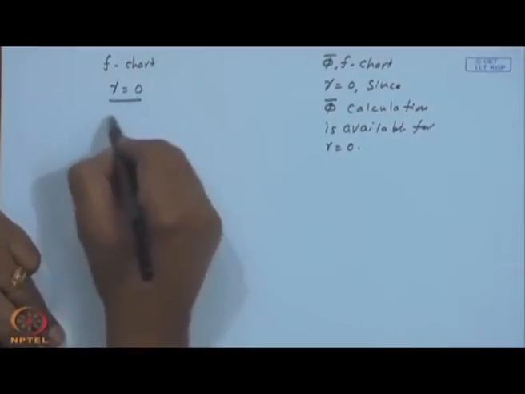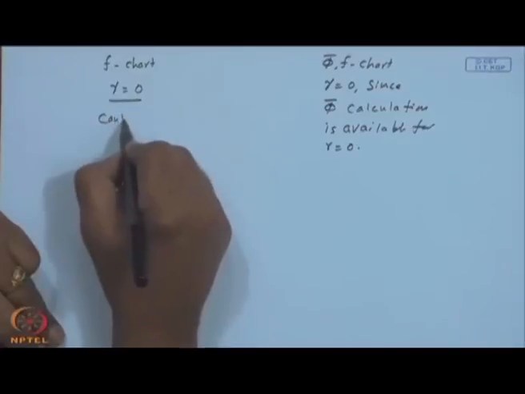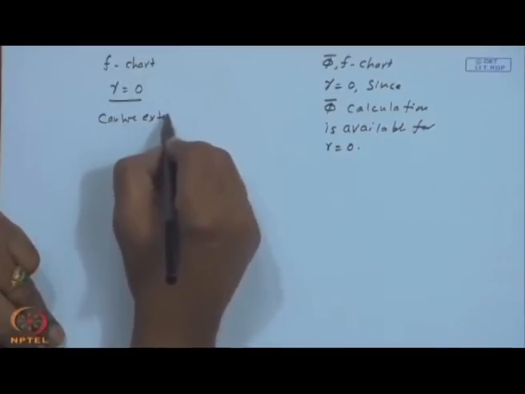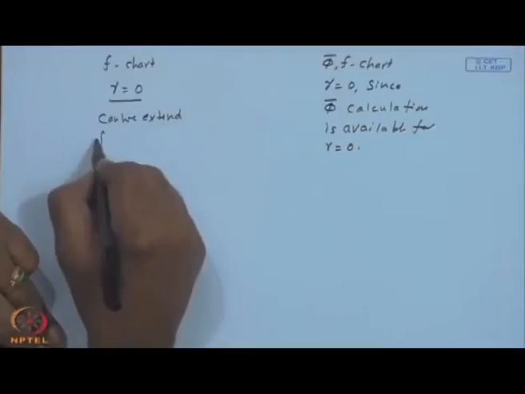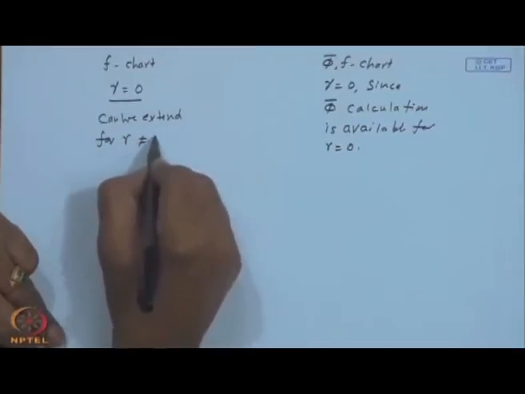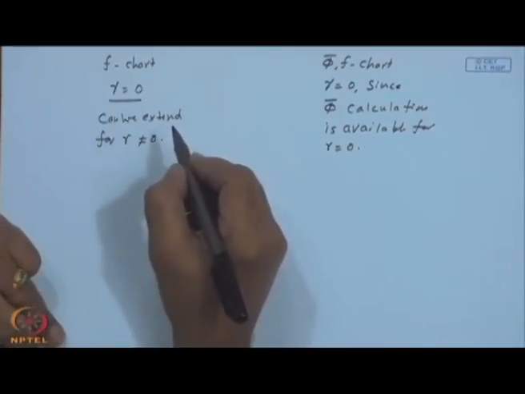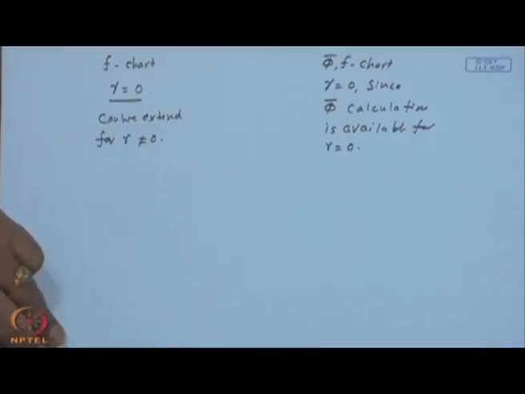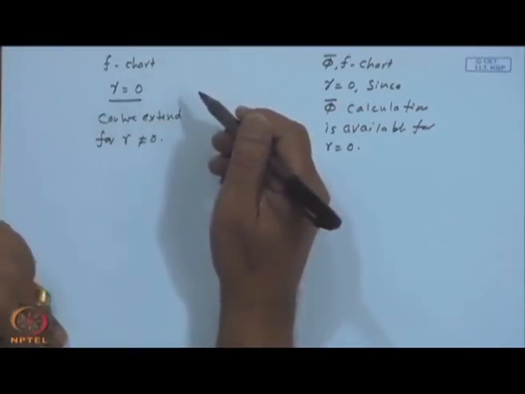Can we extend for gamma not equal to 0? I just have to check up those parameters. You just see if gamma not equal to 0 is included or not.